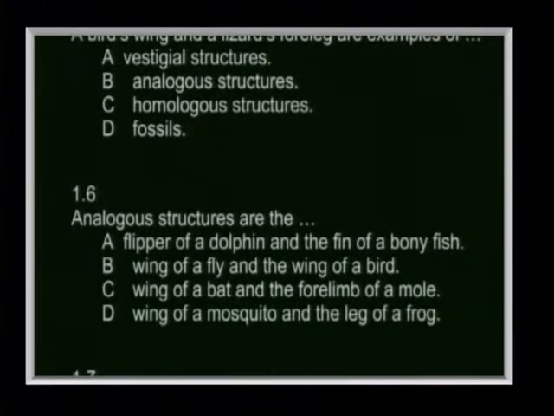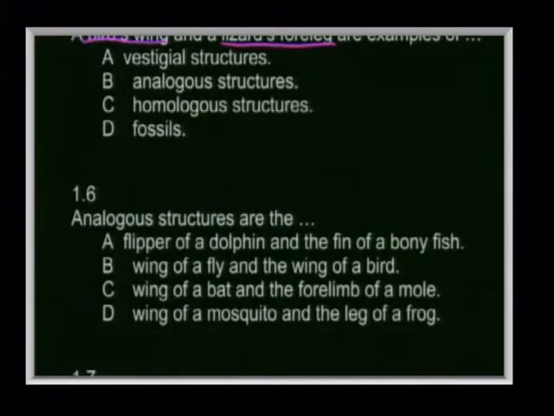Question 1.5. We have the bird's wings and the lizard's forelegs are examples of what? First of all, let's have a look here. Vestigial organs. Now remember, vestigial organs relates to evolution. So it's basically an organ that has lost its function and may also be reduced in size. Analogous structures are structures that have the same function, but it doesn't come from a common ancestor.